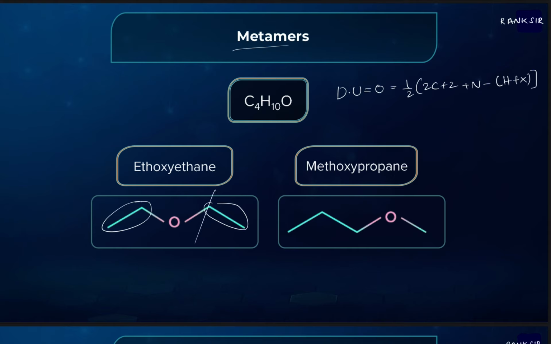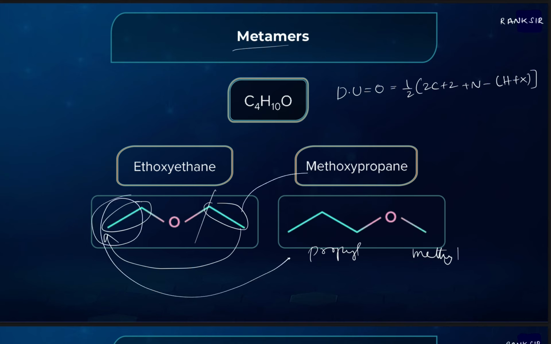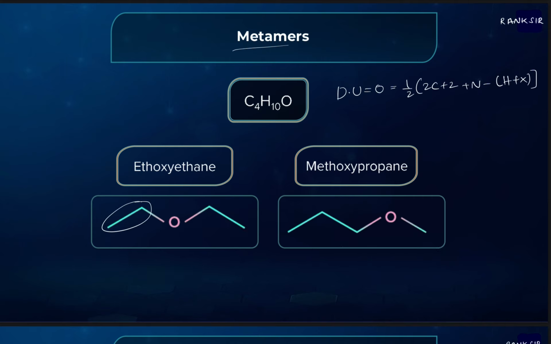One of the carbons breaks down and attaches here. Then you will get this as a propyl and this is called methyl. So now observe this side different, this side also different. So like this is there means that is called metamers. Observe these two are different, these two are different.